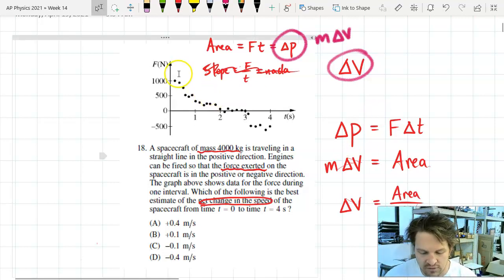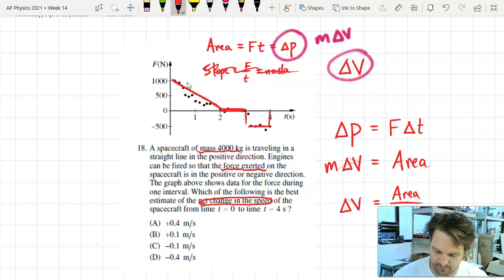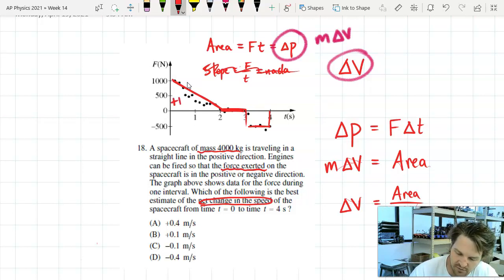These dots, as you can see, are going to show up in probably at least one problem on your multiple choice portion. Just use the dots to estimate whatever shape it looks like. Like this to me looks like a triangle, right? And then down here, this is 0. And then these are pretty flat across, so that would be like a rectangle, okay? If I use this triangle, this gives me an area of positive 1,000. This would give me an area of negative 500.